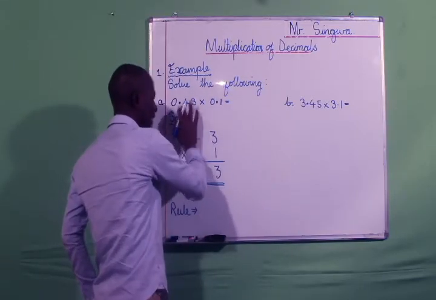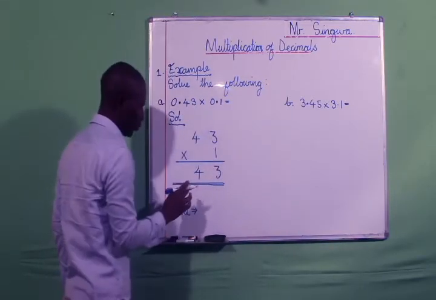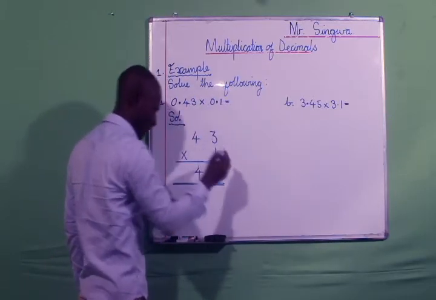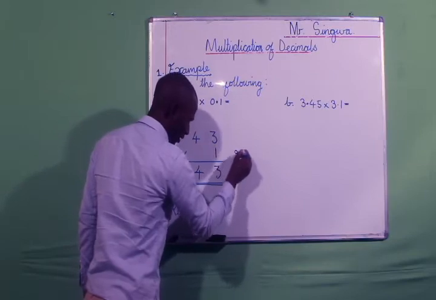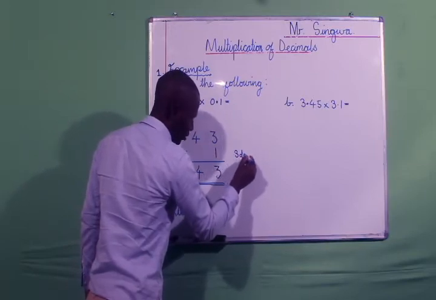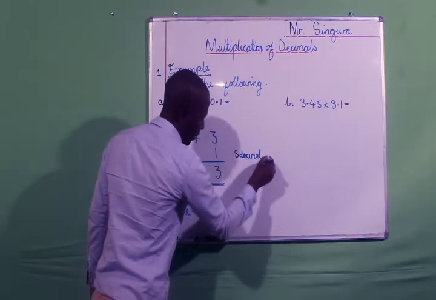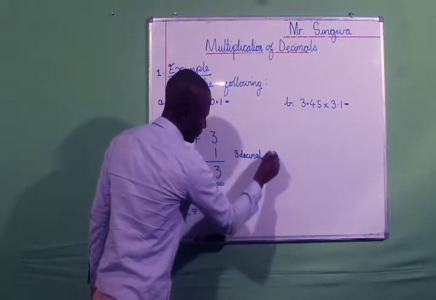So you combine 2 plus 1, which gives us 3 decimal places.